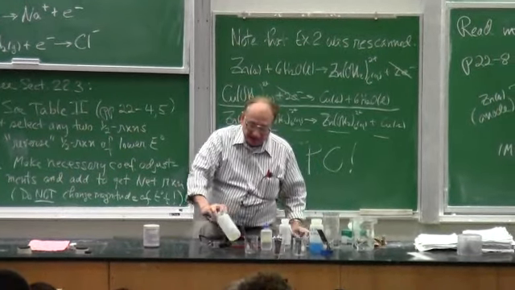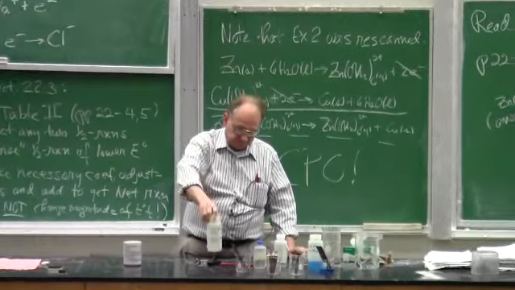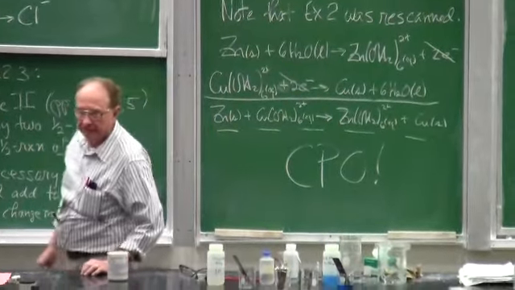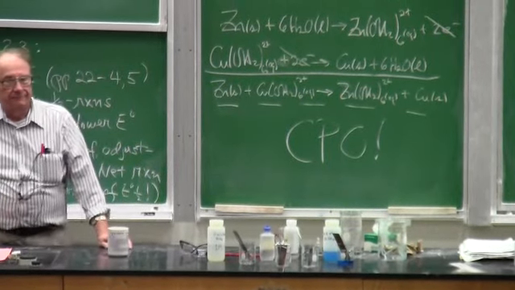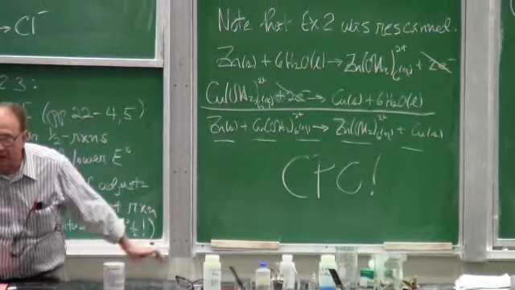And a solution containing hydrated zinc ion, 1 molar zinc sulfate solution. I have all that's necessary to develop the half reaction equations which you see here on the board.